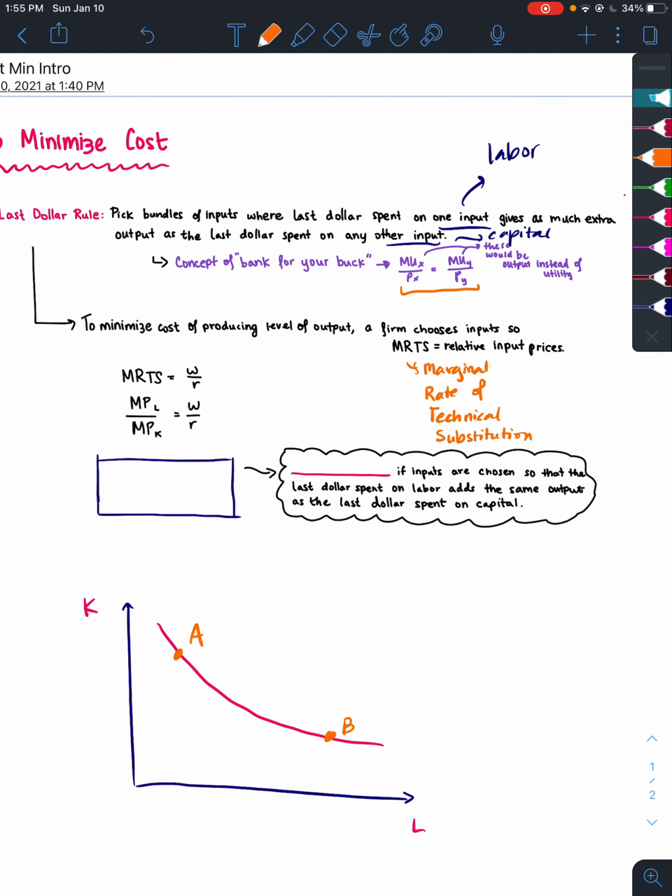So that's W over R. Actually, this entire thing is pretty much the same thing as the previous equation. You're just rearranging with cross multiplication and all of that, and you should get this equation.